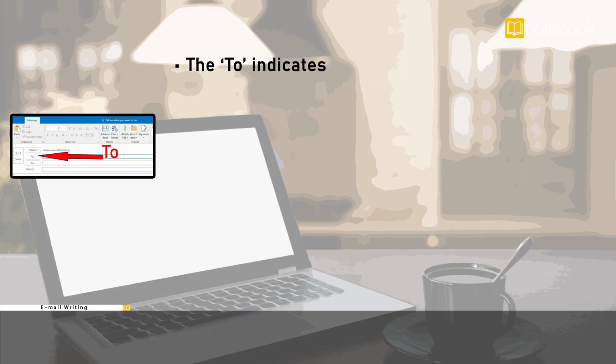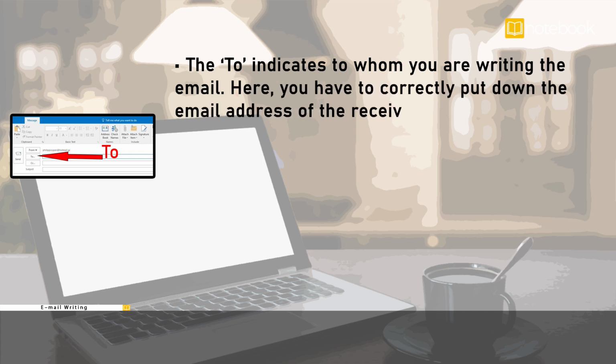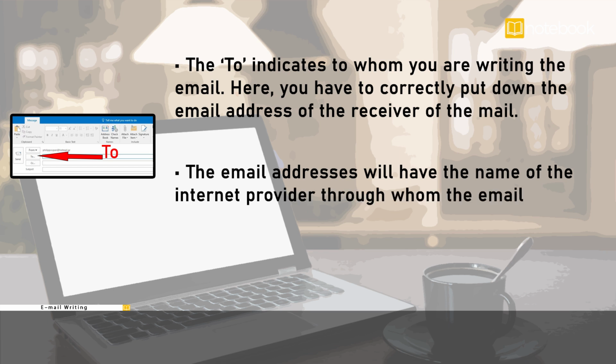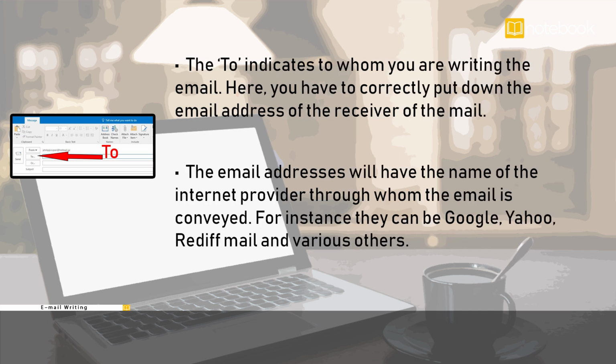The 2 indicates to whom you are writing the email. Here, you have to correctly put down the email address of the receiver of the mail. The email addresses will have the name of the internet provider through whom the email is conveyed. For instance, they can be Google, Yahoo, Rediff Mail, and various others.